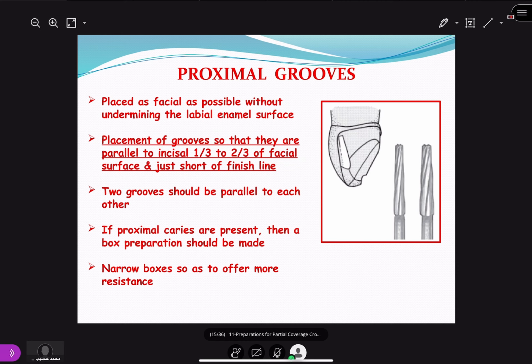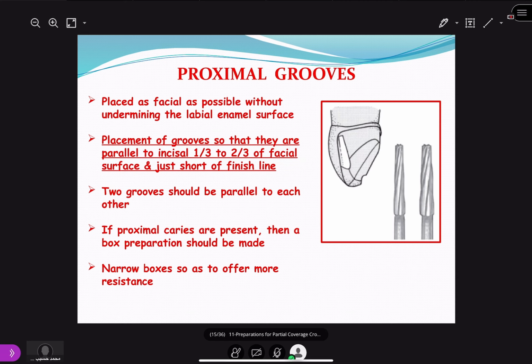The proximal groove is a very important feature; it will provide retention. Then we will provide the proximal flare, then the incisal offset. For posterior teeth we call it occlusal offset, for anterior teeth we call it incisal offset, and in the end we will provide the incisal bevel, and for posterior teeth it is the occlusal bevel. So these are the little differences between the anterior and the posterior teeth.